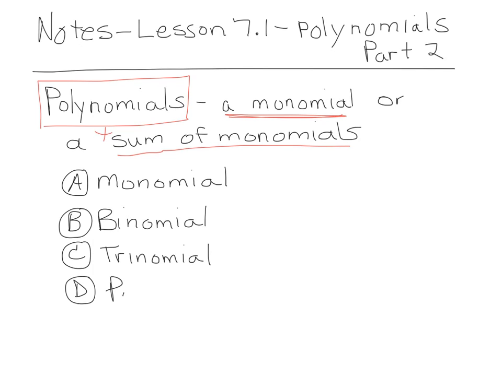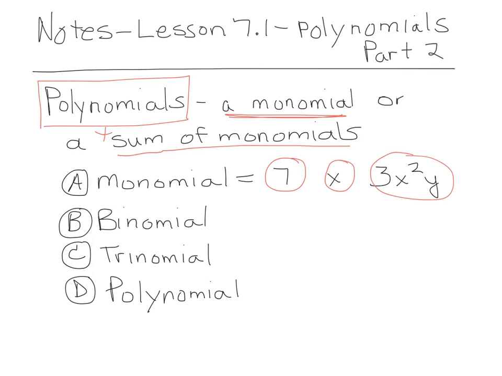So a monomial we talked about in part 1. Some examples of monomials might be 7 or x or 3x squared y. Those are monomials. There's just one term.